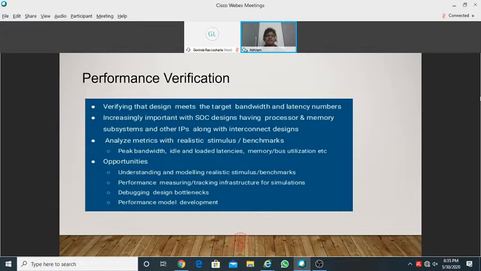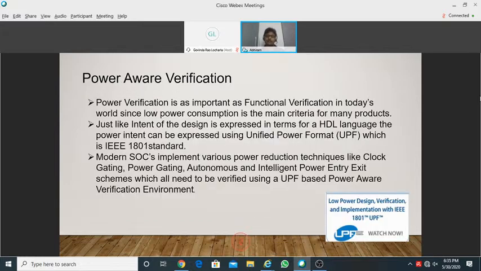Okay, next, as I said, power aware verification. Just like an RTL design is done using Verilog or SystemVerilog or VHDL, there is a standard for power verification, because the power design intent is expressed in a format called UPF, the Unified Power Format, which is also an IEEE 1801 standard.